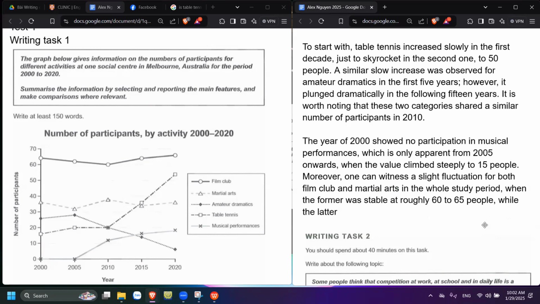While the latter occupied the 32 to 38 section, because if you divide this number of participants into several sections like this, each of them occupied one section, isn't it? Yeah. Right.